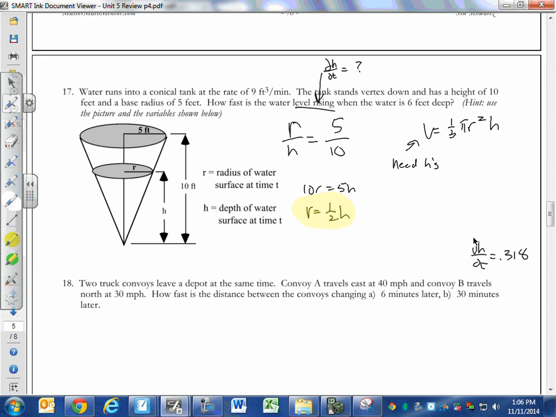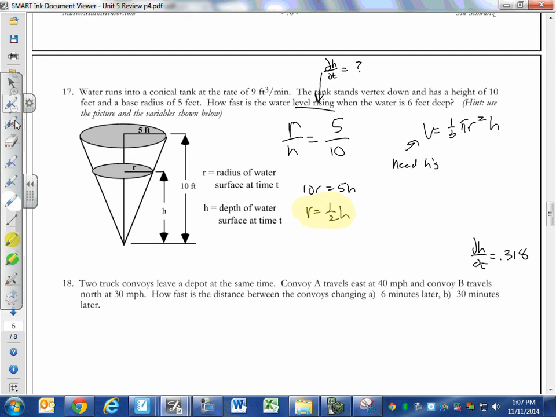Okay, question. Mr. Gordon. Because it's a fixed relationship that will always be true. Right? We're allowed to plug in fixed values. We're also allowed to plug in fixed relationships. The ratio of the radius to the height will always be that ratio 5 to 10. Okay, the radius will always be a half of the height, no matter what.